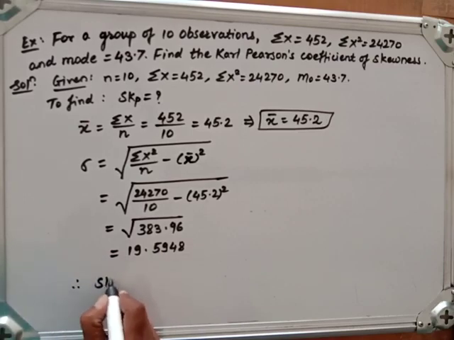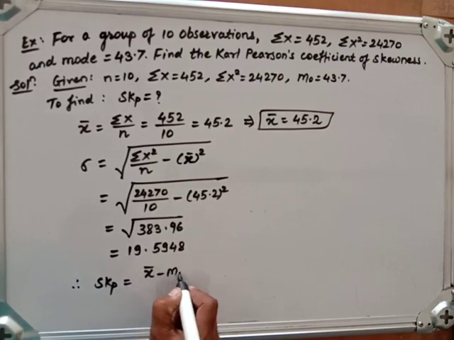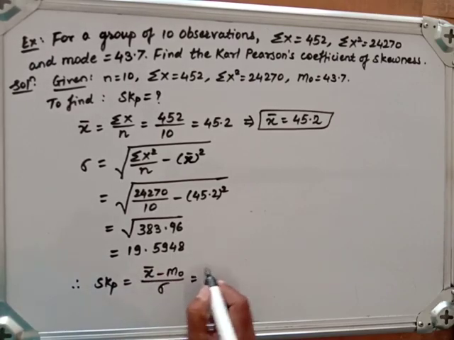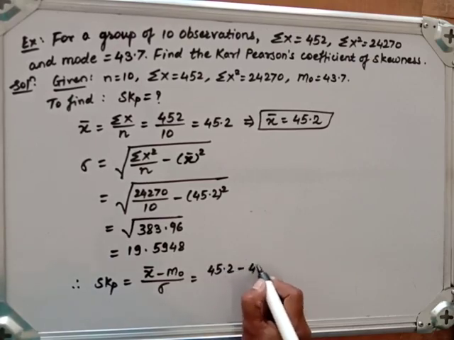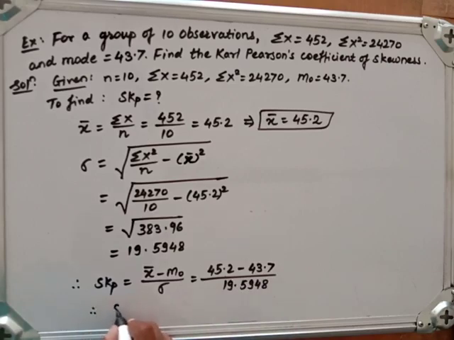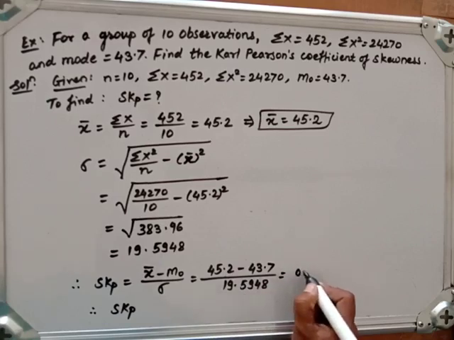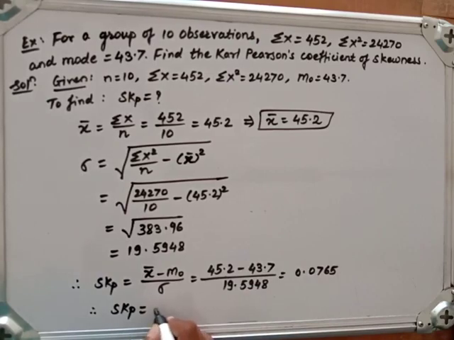Therefore coefficient of skewness we can easily determine. It is x bar minus mode upon sigma. So x bar is 45.2 minus mode 43.7 upon sigma, 19.5948. So this calculation is 0.0765.